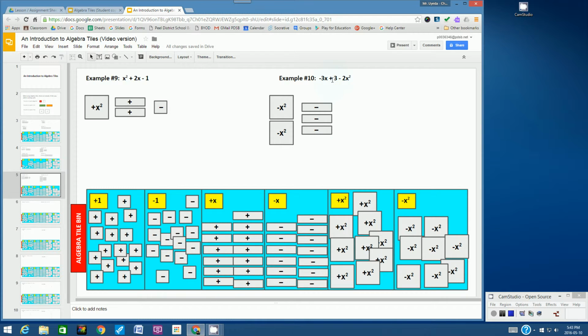Okay. Now let's go back to our expression. And finally, lastly, we look for any integers. We have a 3 and we have a plus sign in front of it. That means positive 3. So let's bring over 3 positive tiles.